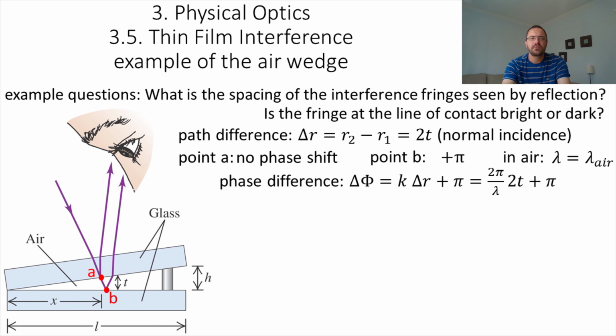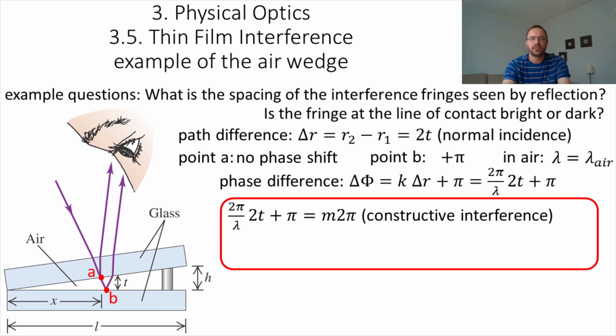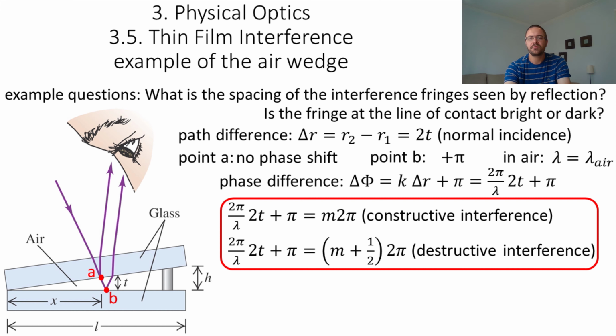Now, we can write the condition for constructive or destructive interference. If the phase difference is equal to m times 2 pi, then we have constructive interference. And if the phase difference is (m plus 1/2) times 2 pi, then we have destructive interference.